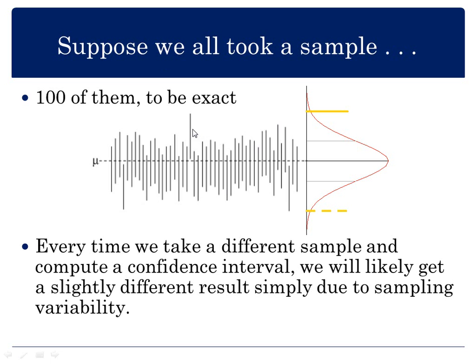This person just barely missed the target. This person just barely missed the target. The rest of us, we did a pretty good job. Our sample mean, which in this case is the center of this line, varies, as do our upper and lower confidence limits, but we cover the truth 95% of the time.